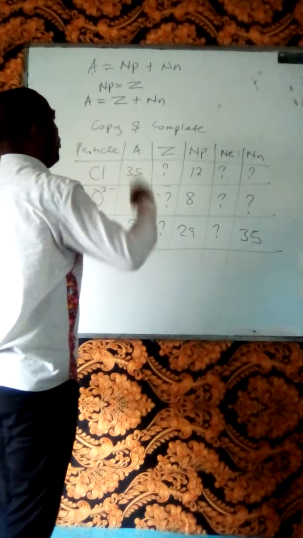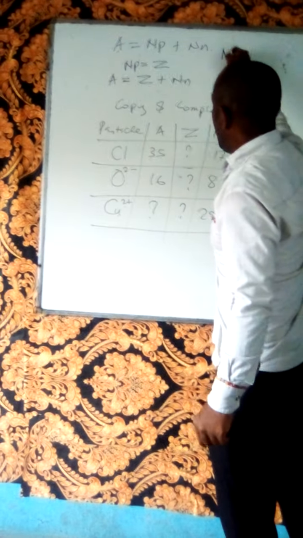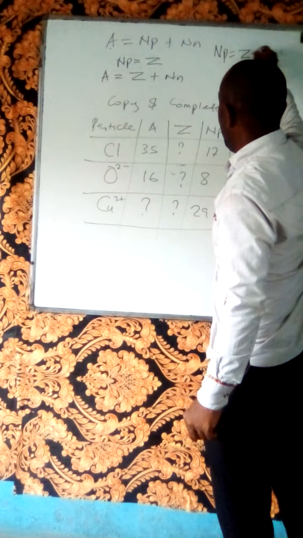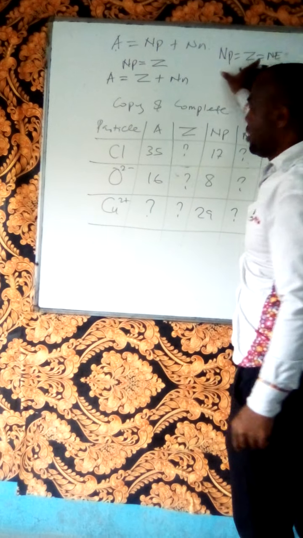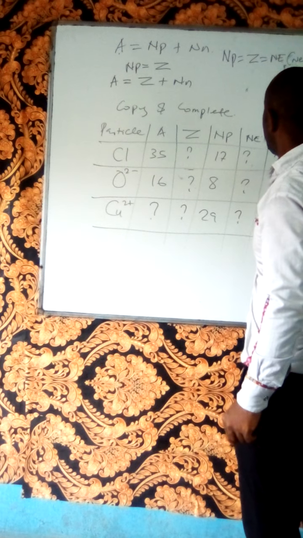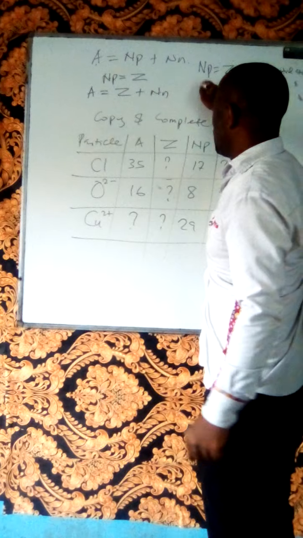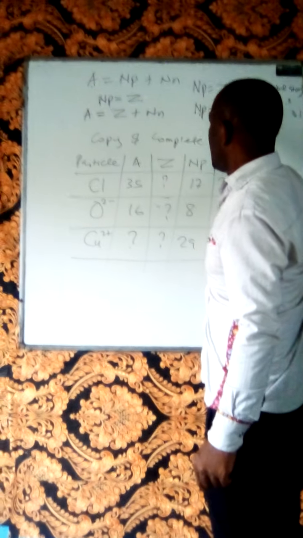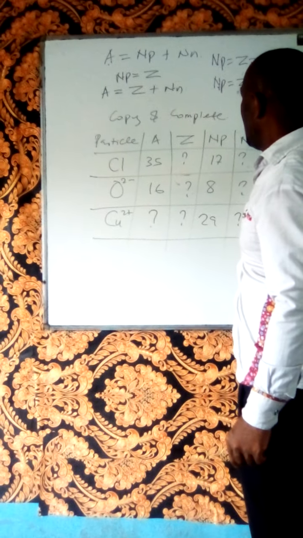Then for a neutral atom, proton, atomic number, electron, these three things are equal. Then for a charged atom, these two are equal, but this is different.